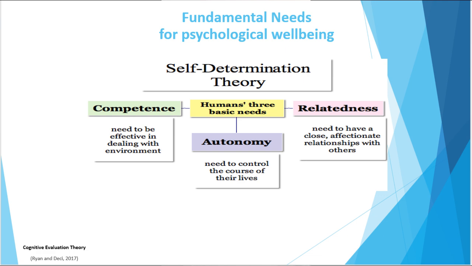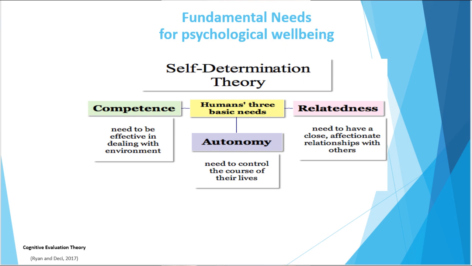The first one is competence, or mastery in different terms. That means a person has to feel competent in the task they're doing. They have enough training and enough experience that they feel they have a mastery level of that task.